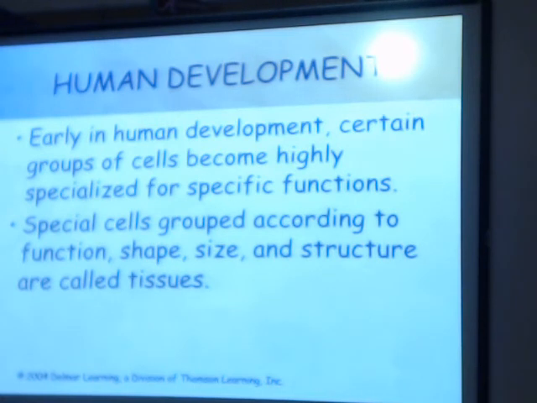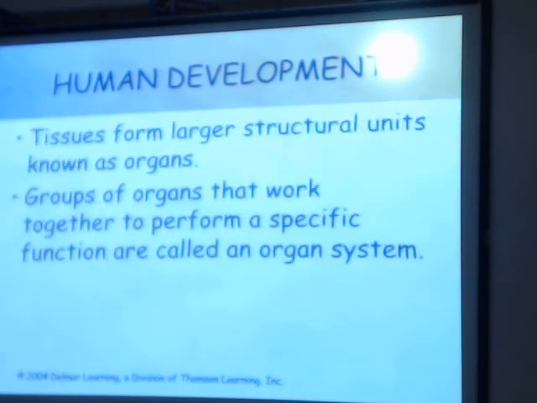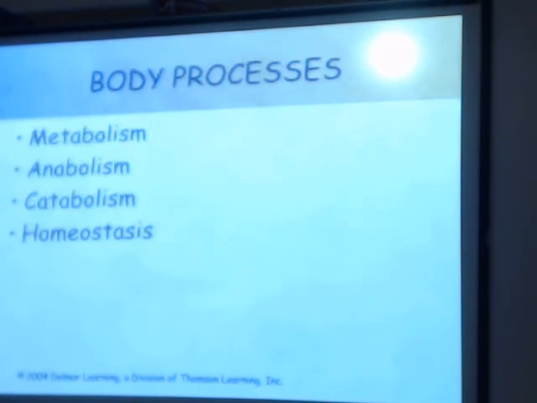So you start from that minimal amount of cells, and then you develop into this human being that you become. As cells become specialized, they take on their shape and size. Like I said, they become those tissues and those organs. So cells become tissues, tissues become organs, organs become organ systems, and then they become the human body.